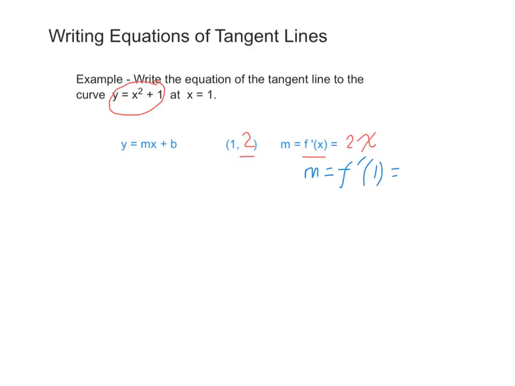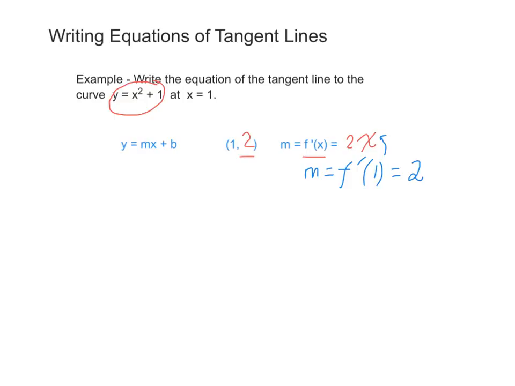The notation we use for this is f prime of 1. So I shouldn't see any x's in this answer. This is a numerical value, an actual slope at that point. Well, by substituting 1 into the derivative right here, I get 2 times 1, or 2. Again, this is the specific slope at the point x equals 1. It's different everywhere else.